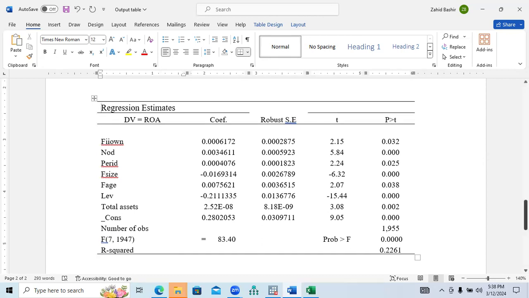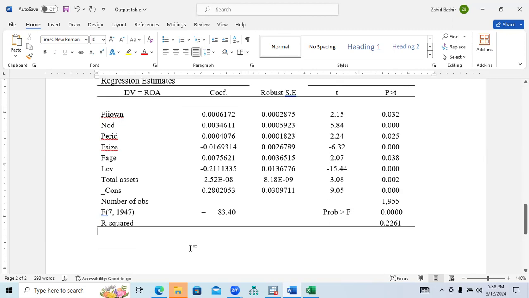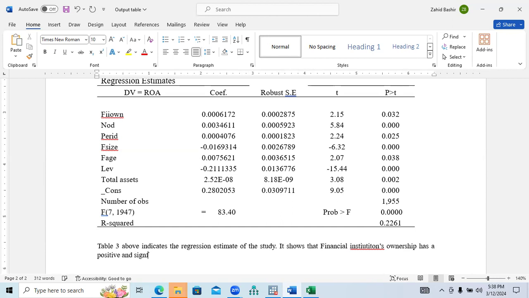Like in table C above, FI or financial institutions ownership is positive, significant.